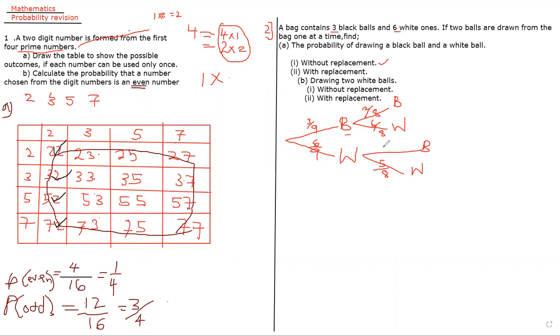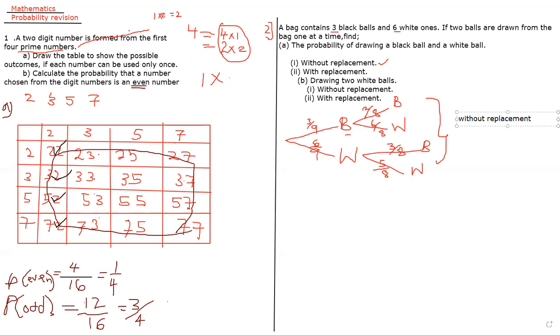And then here will be 3/8, because we are not picking black for the second draw here, such that when you add the tree branches, you're supposed to get 1. This is a case where we talk of without replacement. You have taken without replacing.